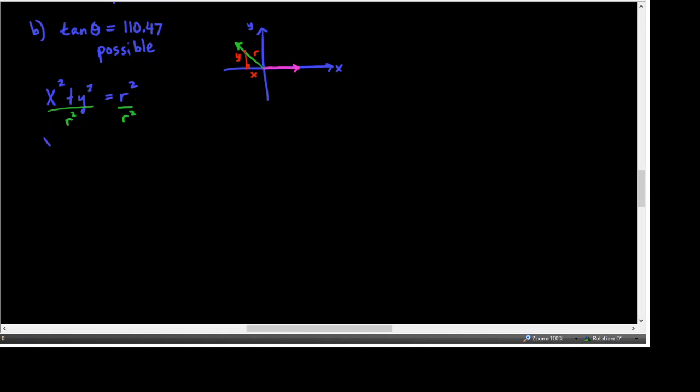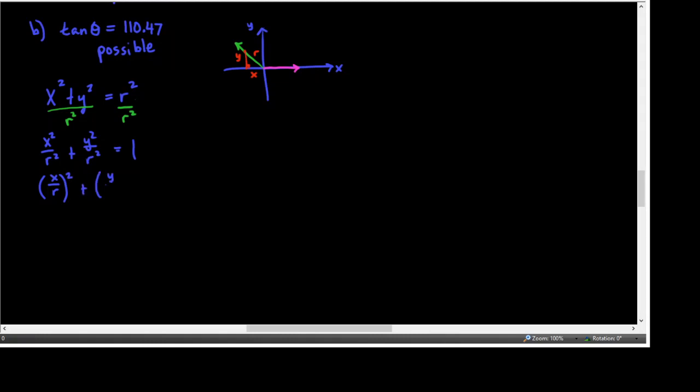On the left side, when I split that fraction, that's going to end up as x squared over r squared plus y squared over r squared equals 1.